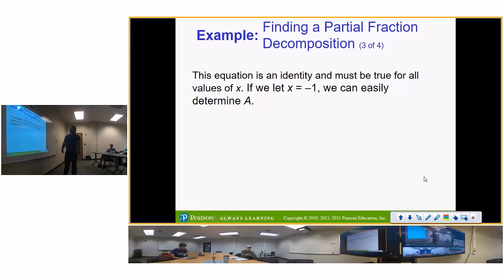Now, this equation is an identity and must be true for all values. If we let x equal negative 1, we can easily determine A. Okay? If I plug in negative 1, then I can do 0, but there is no such thing as negative 0. The best number to use besides 0 is 1.